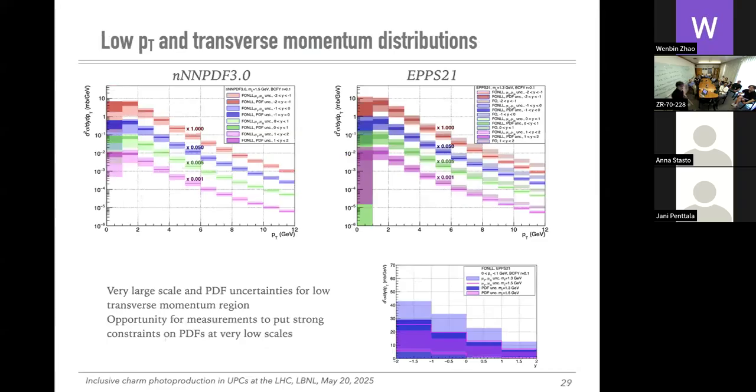So here, this is how the PT distribution looks for different PDFs in bins of rapidity. So this is rapidity -2 to -1, -1 to 0, 0 to 1, 1 to 2.